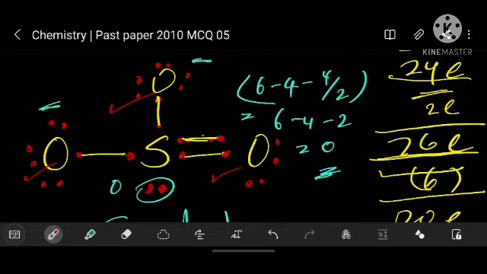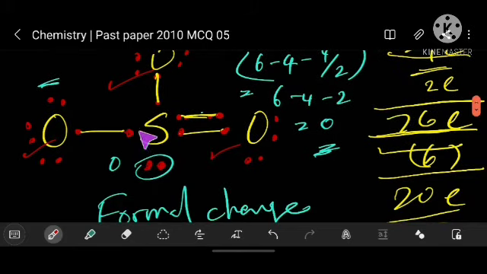So we have one repulsive unit here, a second here, and the third is here, and we have a lone pair of electrons. That is also counted as a repulsive unit. So we have 4 repulsive units here.